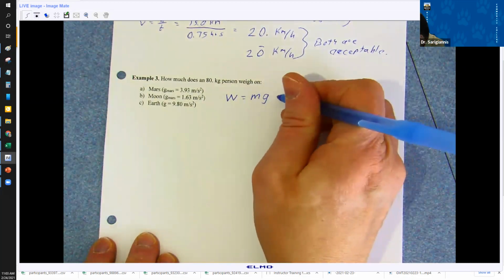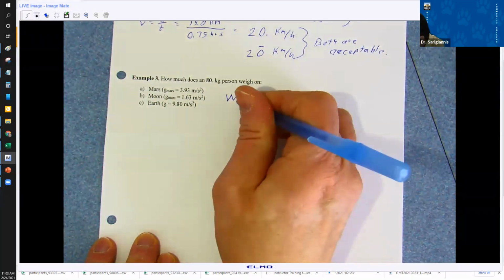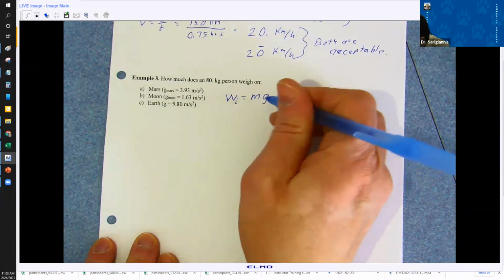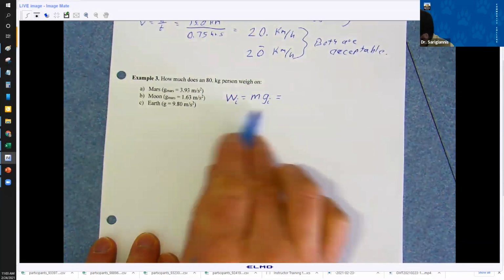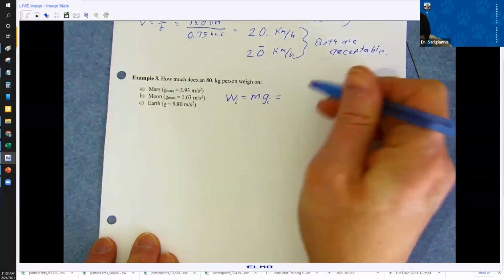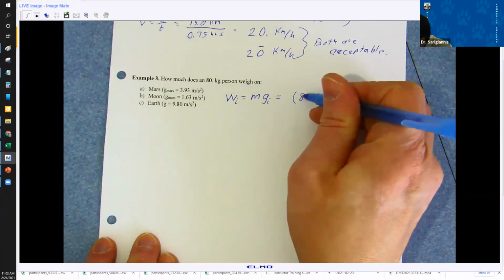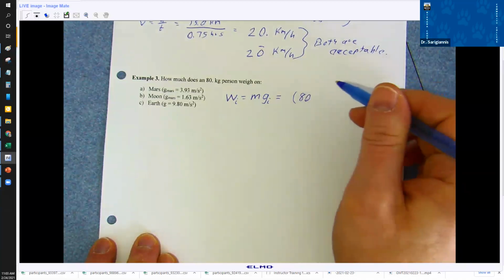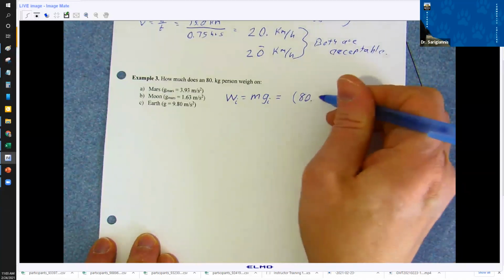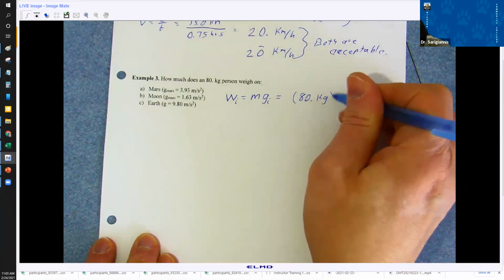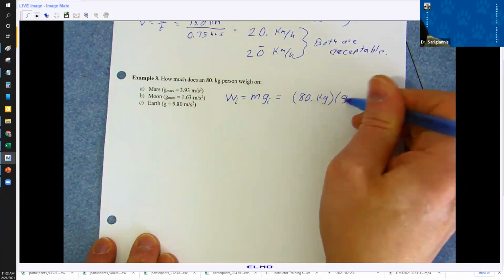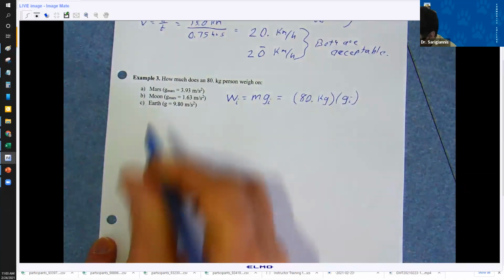So basically it's going to be, I'm going to put a little subscript here, I, right? I is just going to be dependent on the planet. So our weight is going to be equal to 80 kilograms times whatever that G is for that particular planet, right?